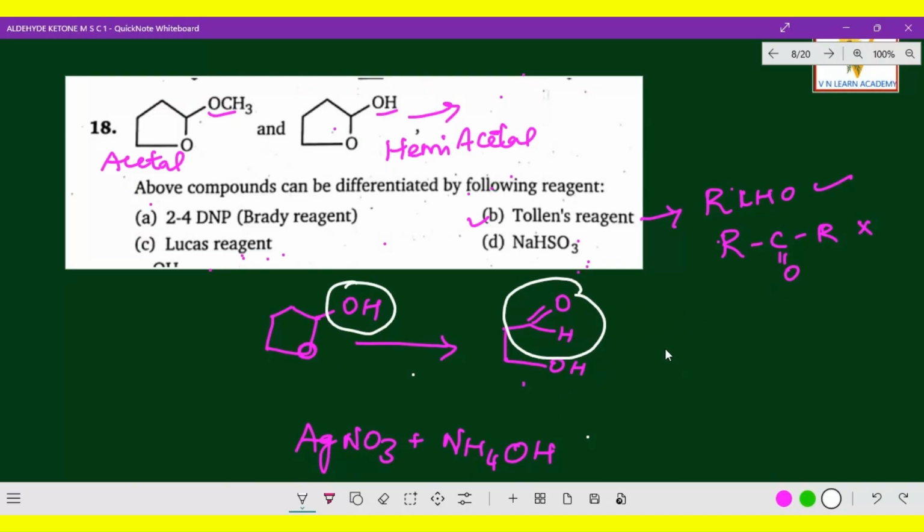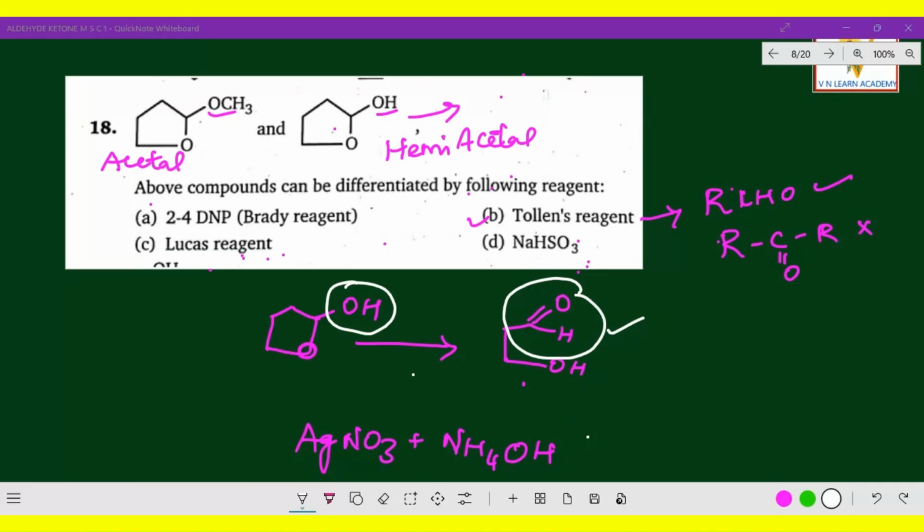The presence of the aldehyde is identified through Tollens reagent, but Tollens reagent will not detect the keto group. So only to differentiate aldehydes and ketones can we use this. I hope you got the clarity.